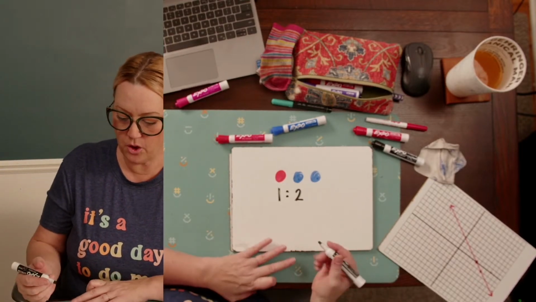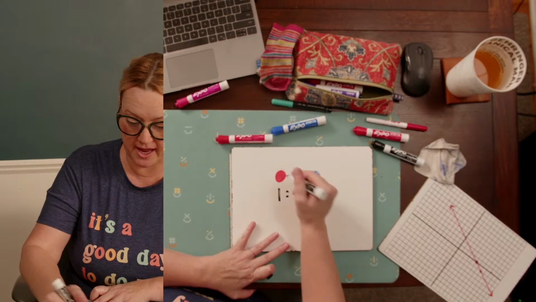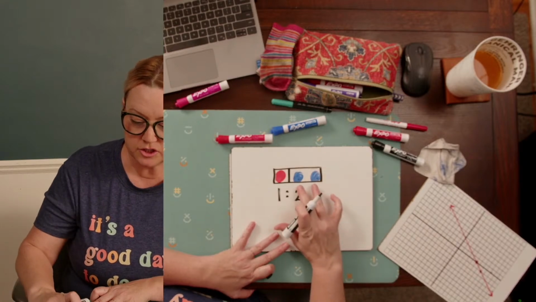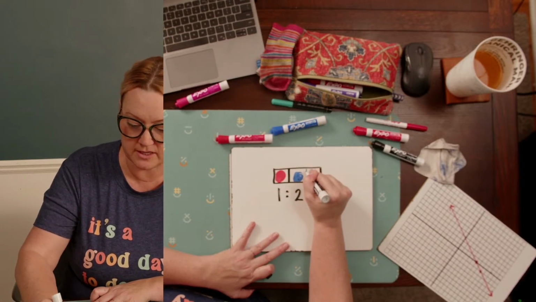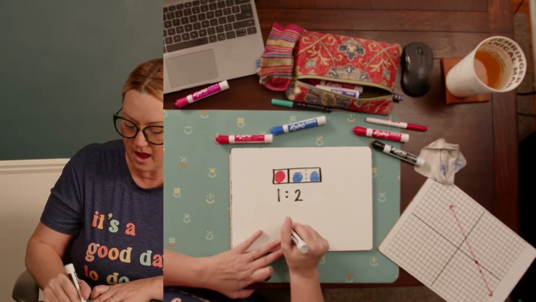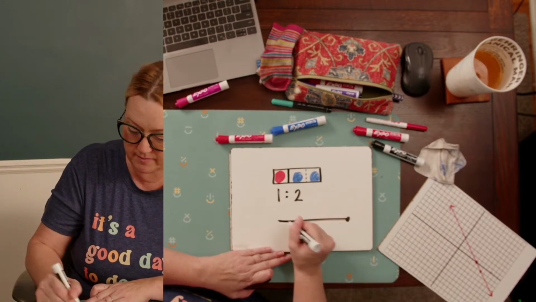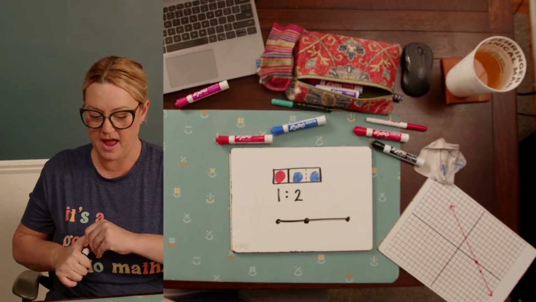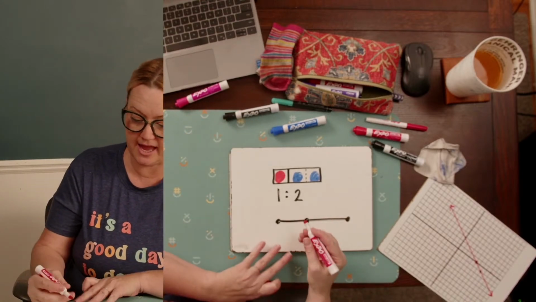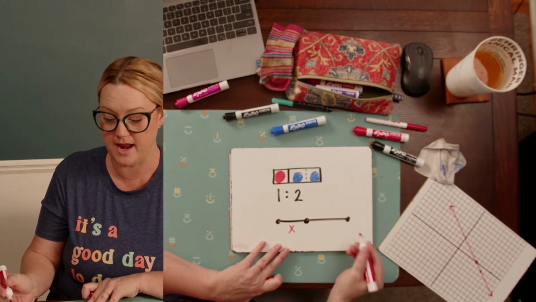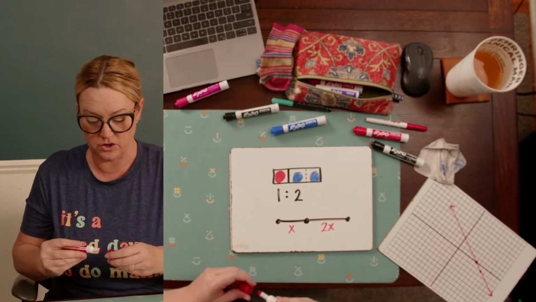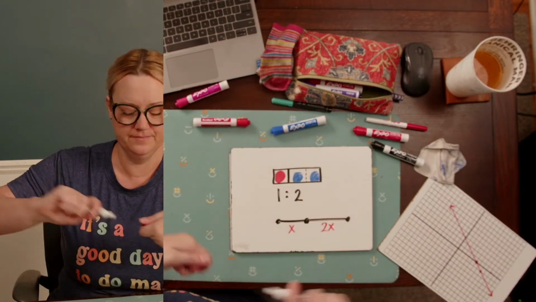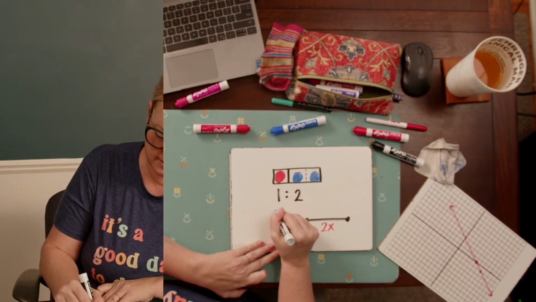We could think about this like a tape diagram, right? So you've got 2 that are blue, 1 that's red. So it's in 3 sections. If I had a line segment and I partitioned it and said this section is 1x, this section is 2x, or you could say something along the lines of, this section, I'll put some letters on this, D, E, F.